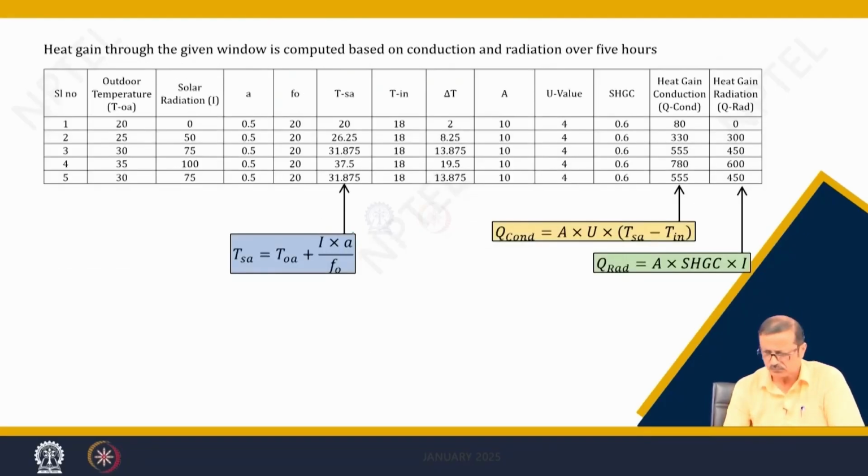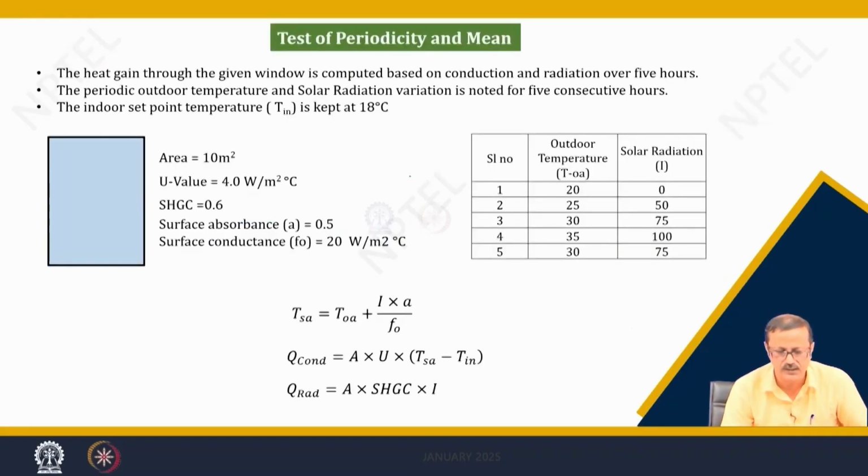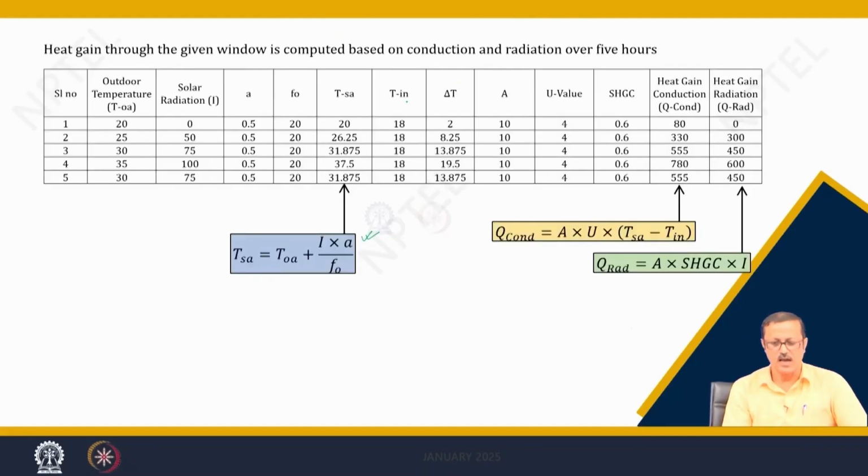So, here, just like in our lecture number 13, I have calculated the solar air temperature by this particular formula using this data, and I got the variations. I also have the indoor temperature, which I am assuming is 18 degrees, and I got the delta T for all the 5 hours.